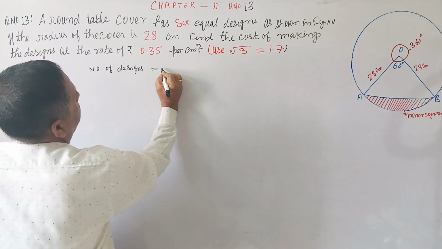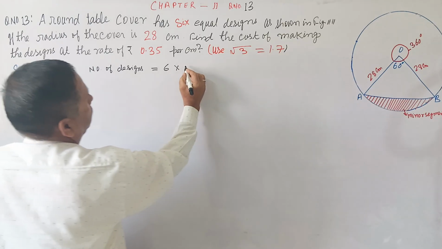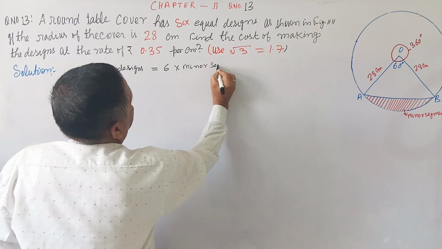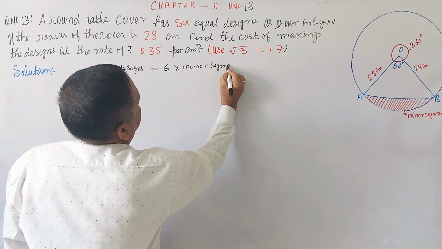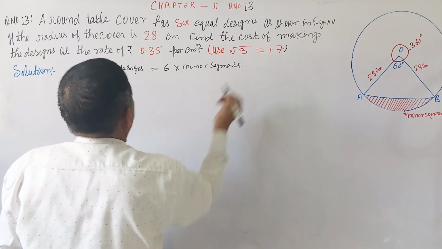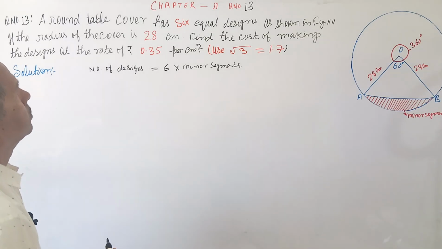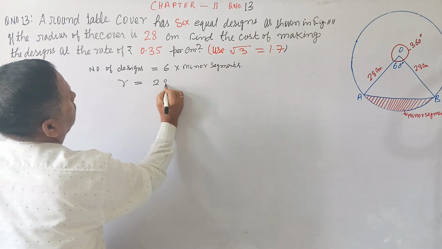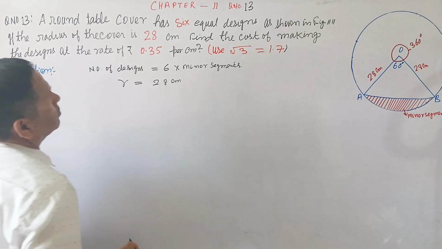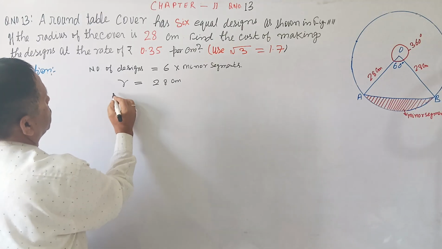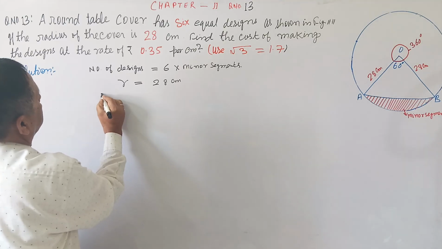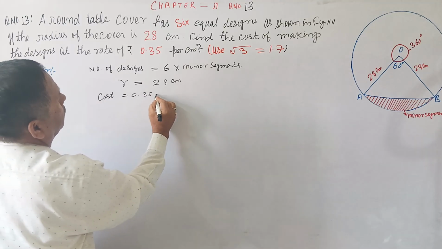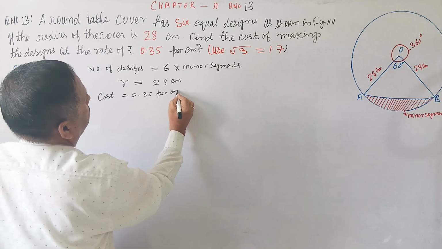This is given, 6 into minor segments. Now the radius given to us is 28 centimeter. Cost is 0.35 per centimeter square.